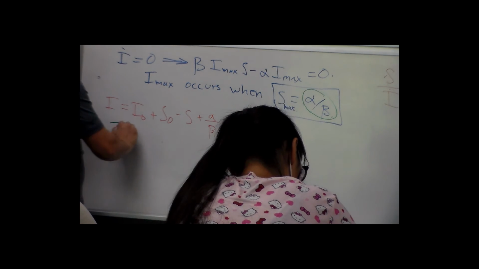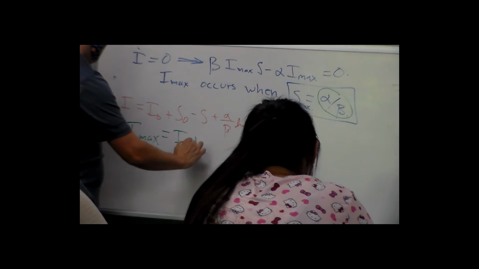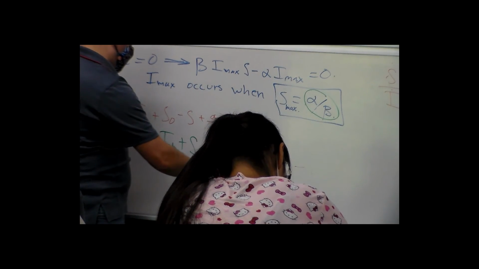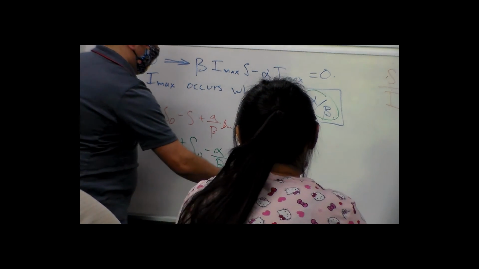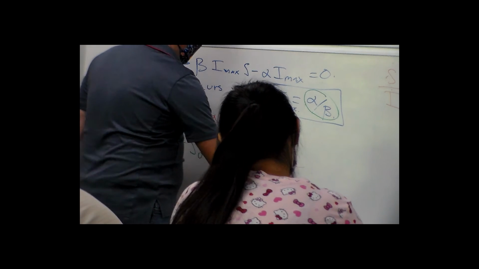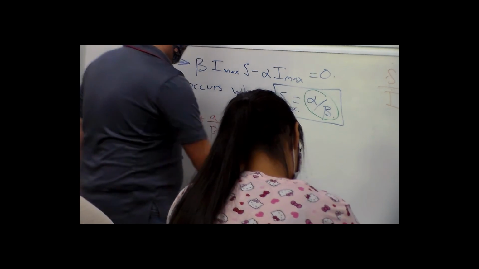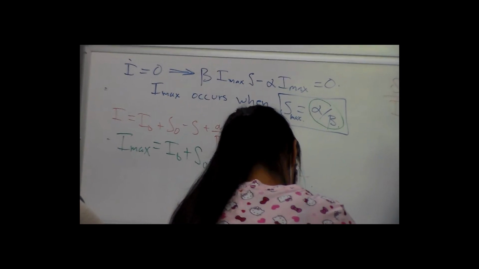So I max is equal to I naught plus S naught minus alpha over beta plus alpha over beta times log of alpha over beta S naught. There you go. There's an explicit formula.